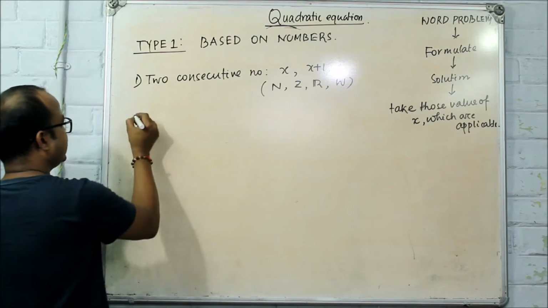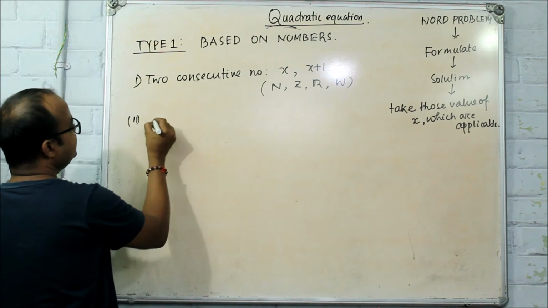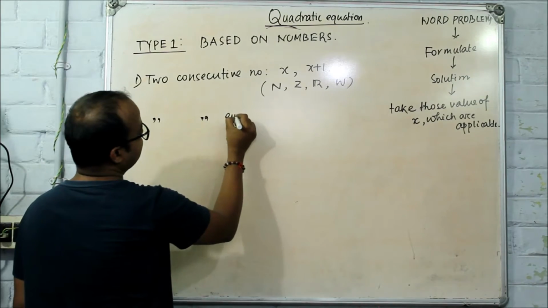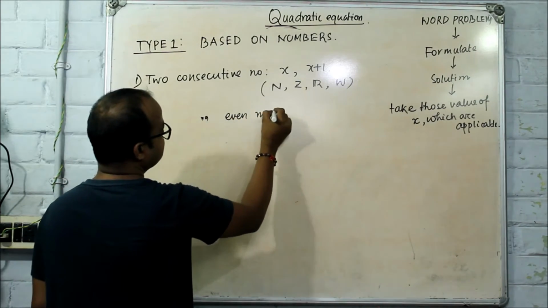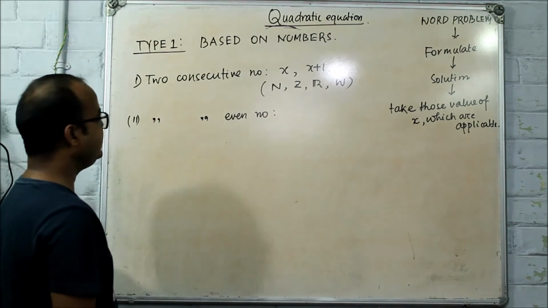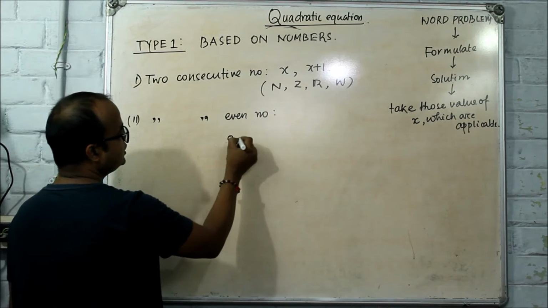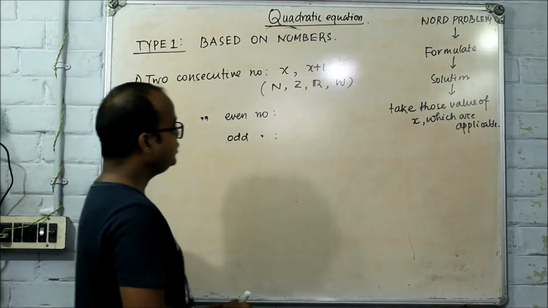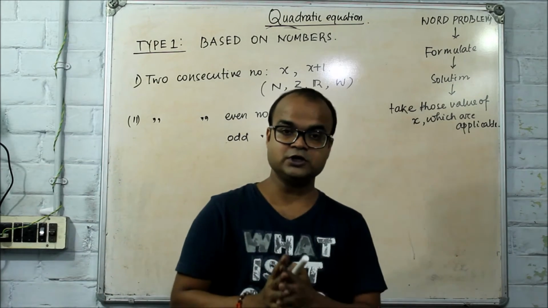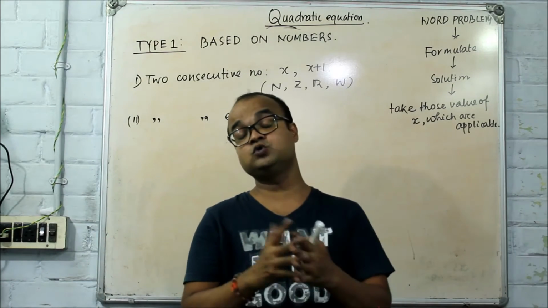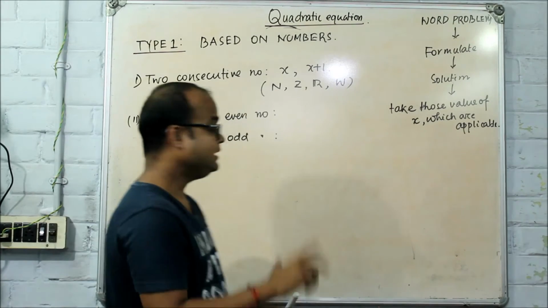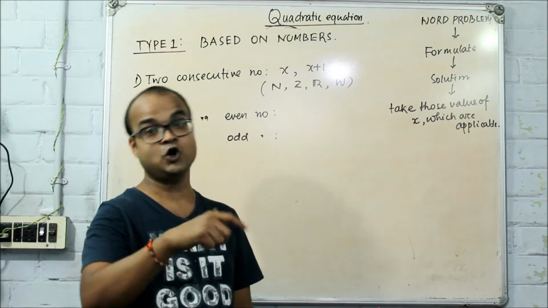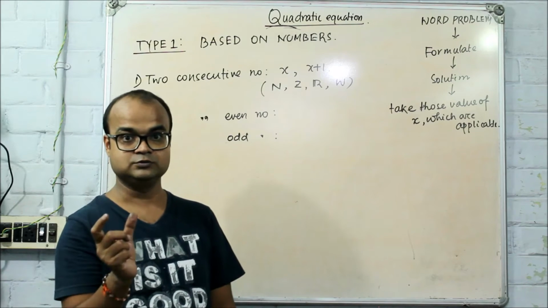Moving to the second, suppose it is given that two consecutive even numbers or two consecutive odd numbers. In case of two consecutive even numbers or odd numbers, the difference between them is 2.